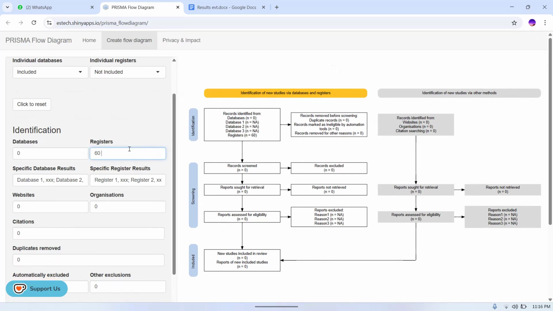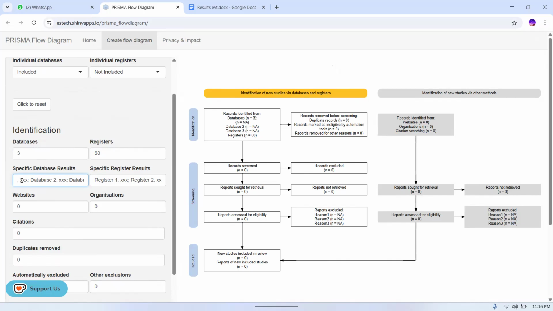Now, databases, how many databases are used? So basically I use three databases. Now they are asking me individual databases. Now I have to enter specific databases' results. Here I'll delete this database one. I won't delete this small comma with it because if I do any editing in this format, I won't be able to write it over here.